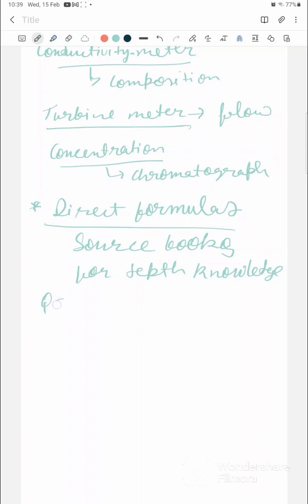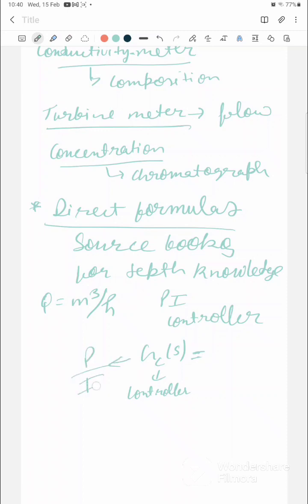So Q, as we know, has units of meter cube per hour. PI controller transfer function is defined as controller C, the ratio of output upon input.